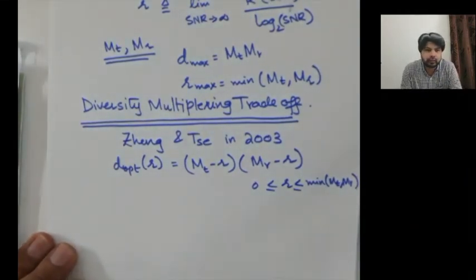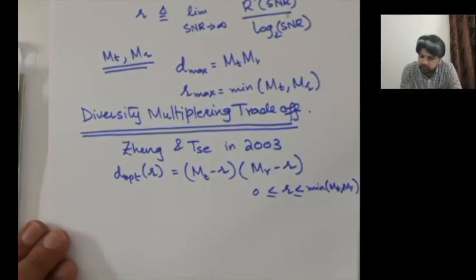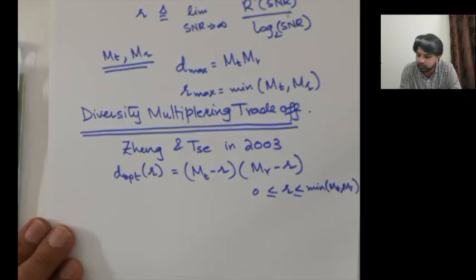So that is a very important result that gives you a trade-off between the diversity gain and the multiplexing gain, right?